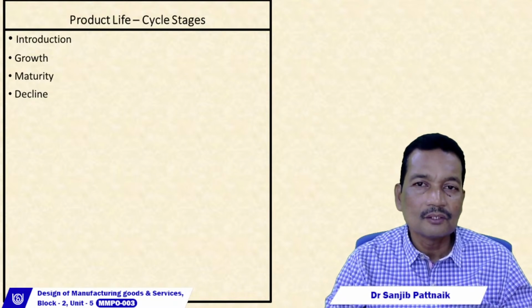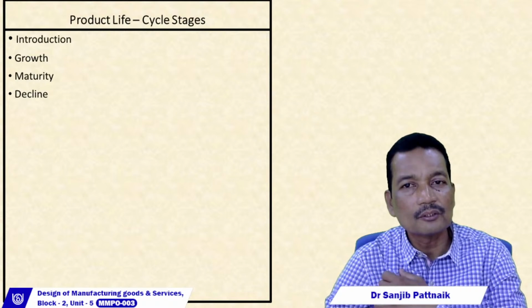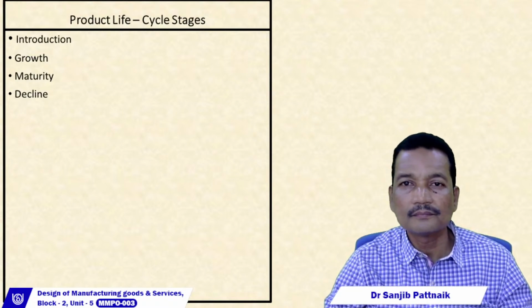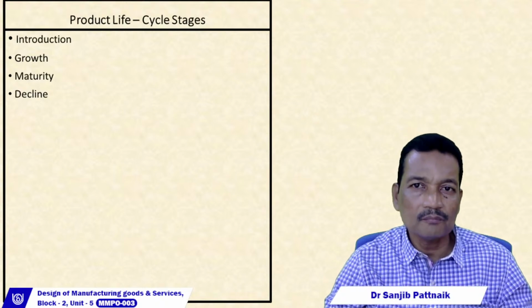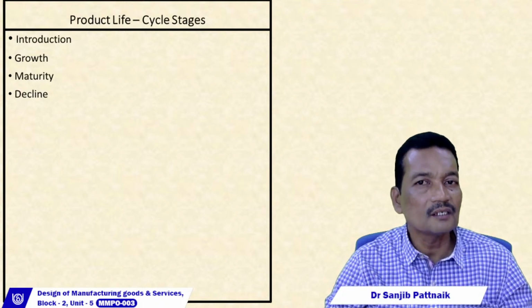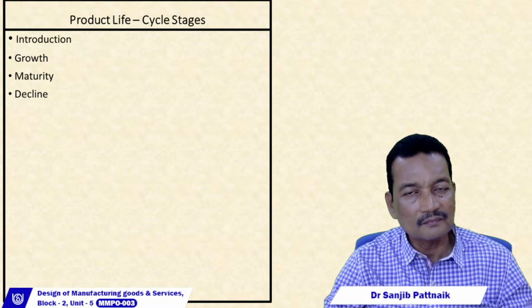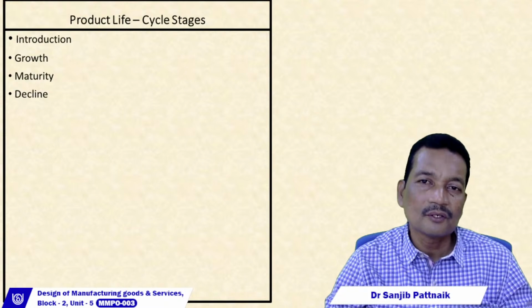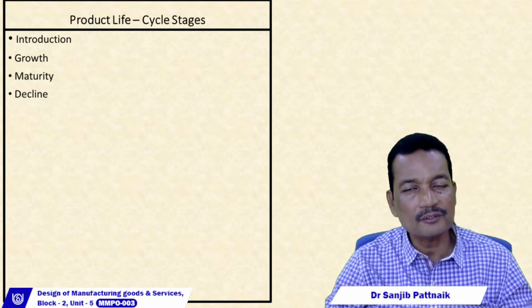Now let us think about characteristics like the sales volume on one side, and on the other side the number of units produced and sold.